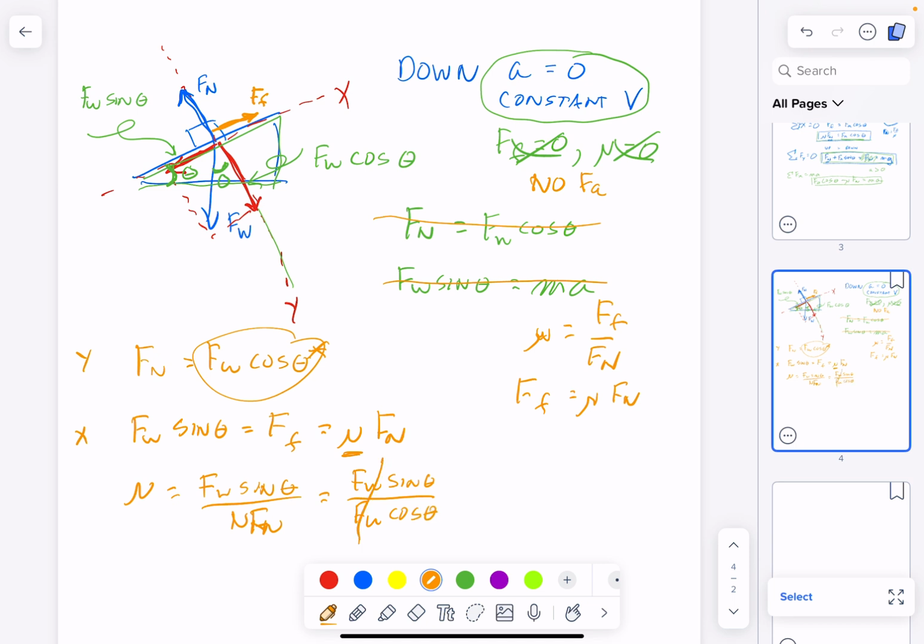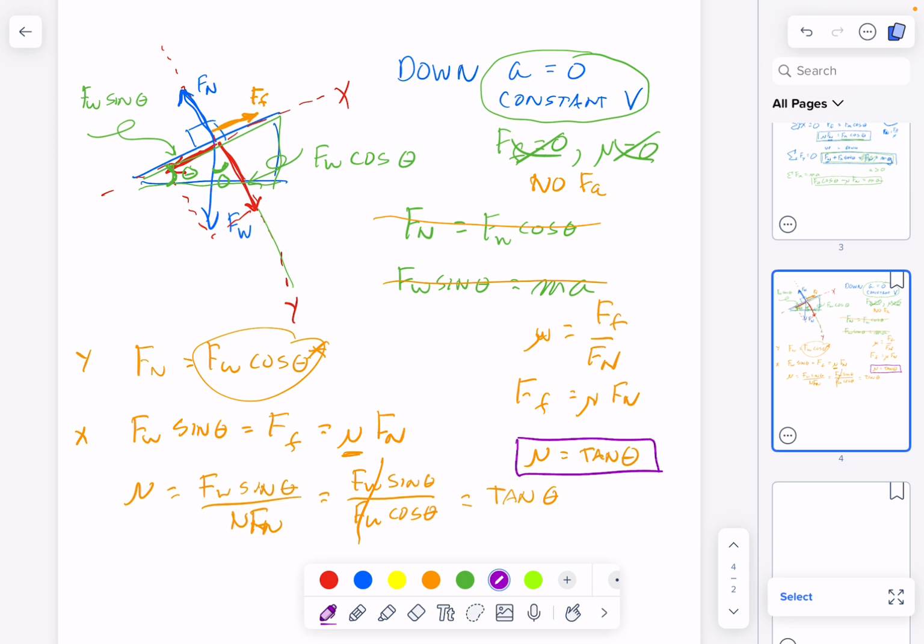The weight cancels out. In other words, the mass is irrelevant. It doesn't make a difference in this problem. And you might remember that sine theta divided by cosine theta equals tangent theta. So that's a very, very helpful identity. Mu equals tangent theta when we are at the angle at which the box is going to slide down the plane at constant speed.